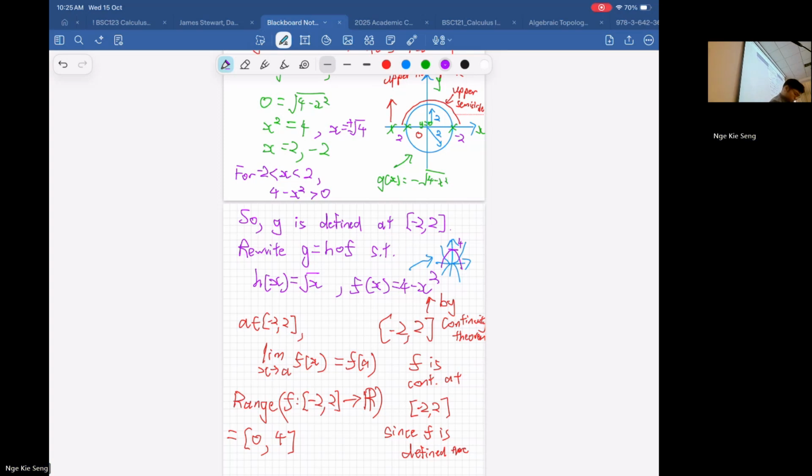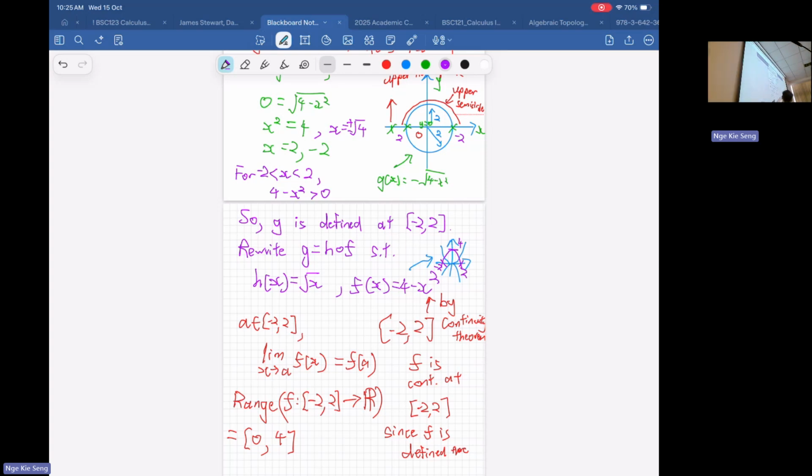So what happened at -2? What happened at 2? What's your range? What's your image? Both of them are 0. So actually the x-intercepts here are -2 and 2.